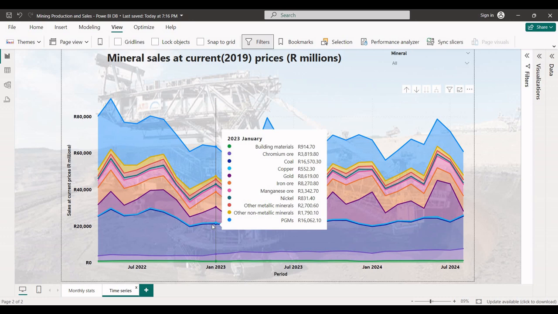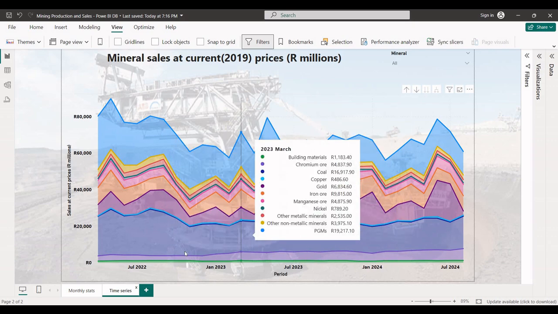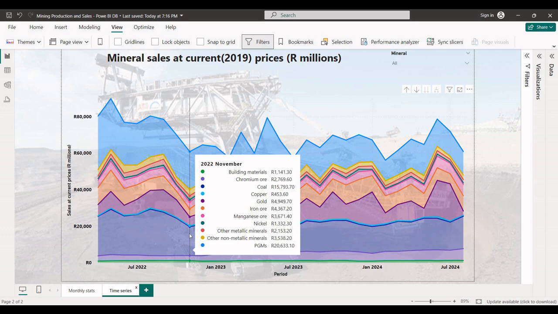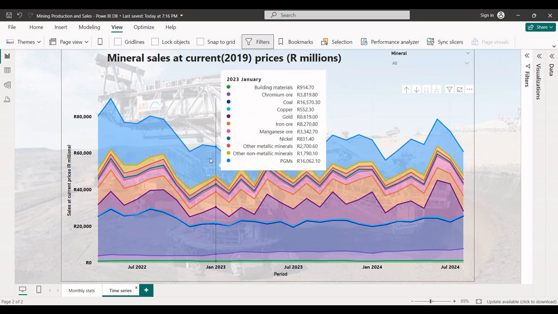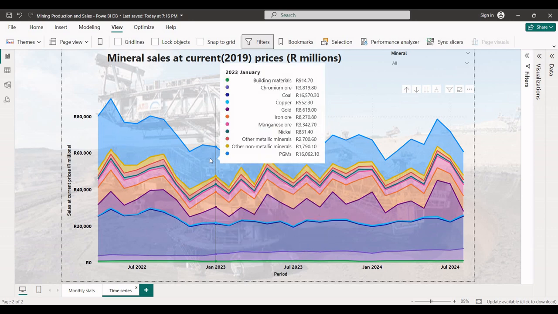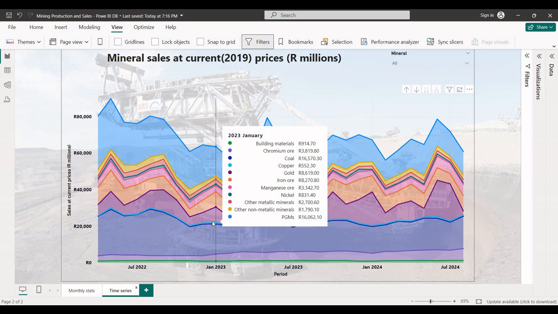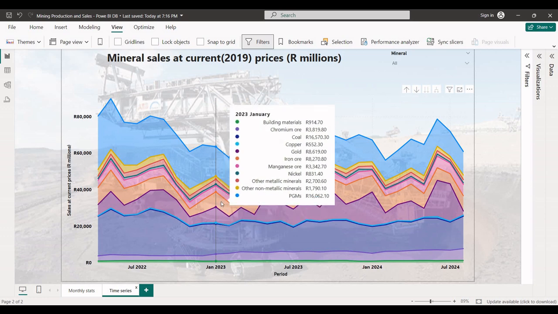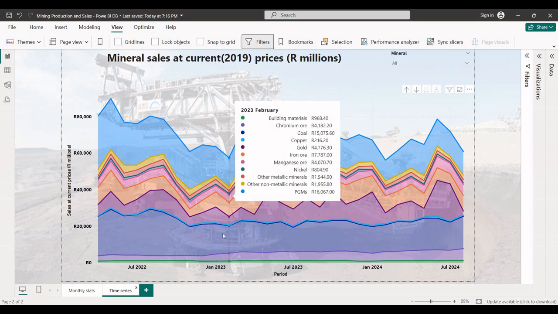From the stacking of the line graphs, it's also pretty clear to see that the main contributors to sales are the PGM platinum group metals in the dark blue, in the light blue coal, I believe. Yes, coal. And purple for gold, and orange there for iron ore, with the others being mid-sized.